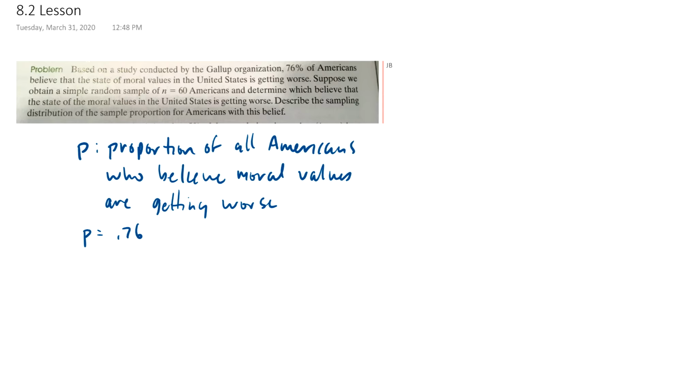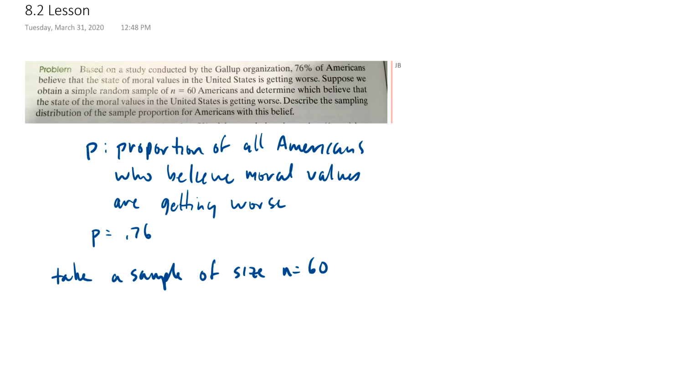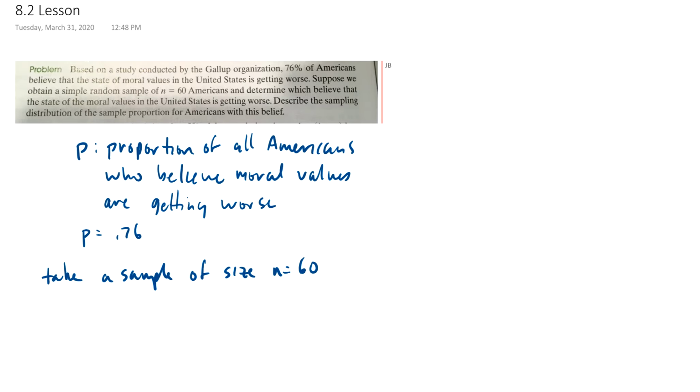Okay, now suppose I take a sample of size n equals 60. Can I calculate a percent of those that think that the moral values are getting worse?